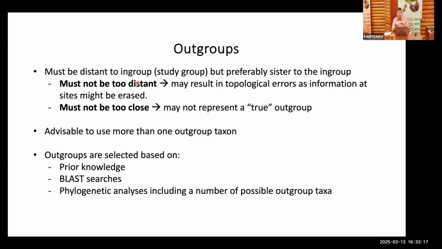Of course, you'll also add your bootstrap values, and if you do Bayesian analysis, your posterior probability values. So it really depends on your data, it depends on your question. There are certain cases where we would like to use parsimony, especially if you want to look at character state changes, but you can also do that in maximum likelihood. Okay, I think you can continue.